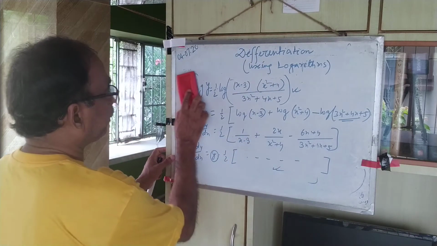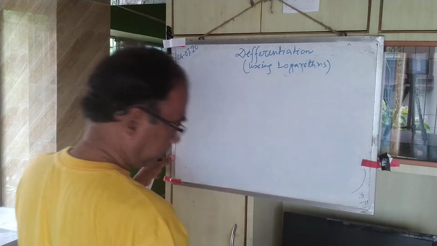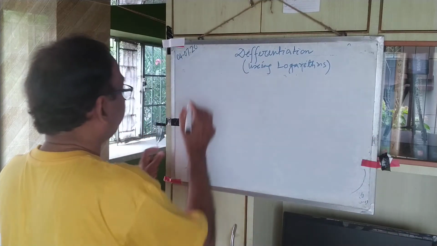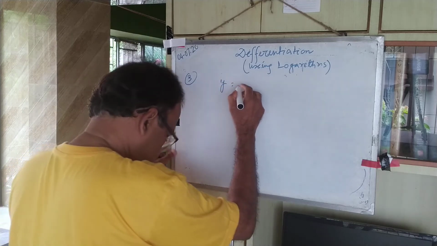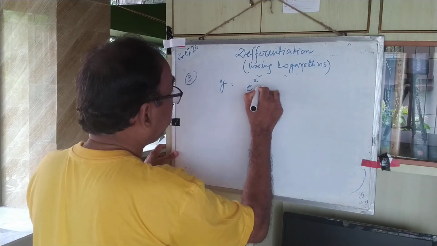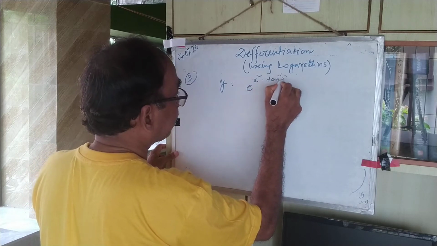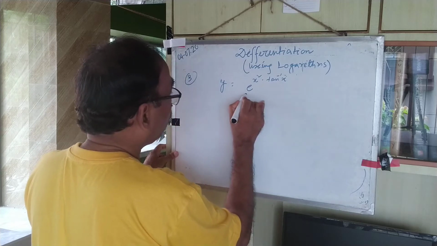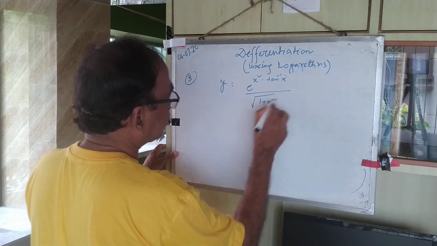Next, sum number 3. Y equals e to the power x square into tan inverse x over the root of 1 plus x square.